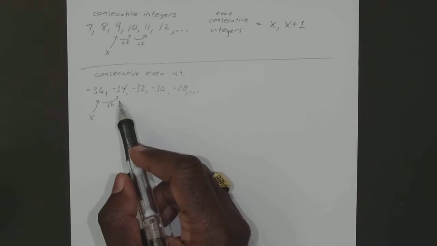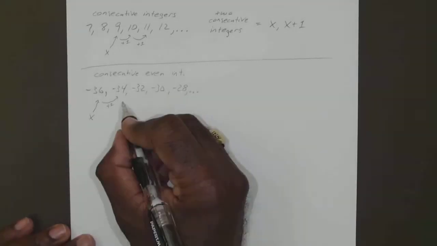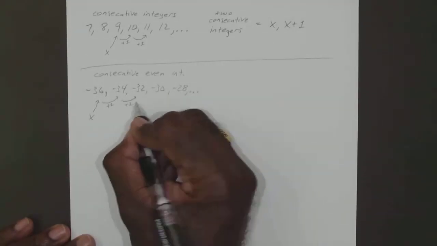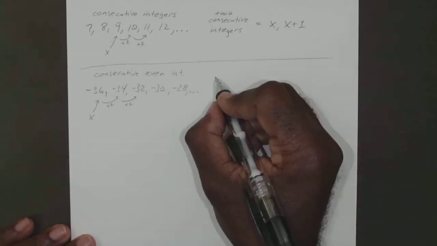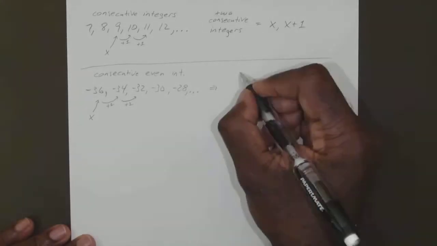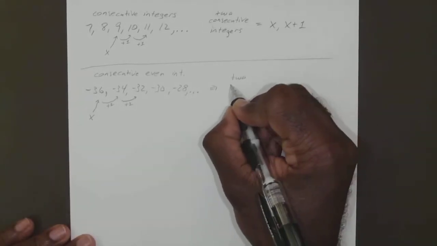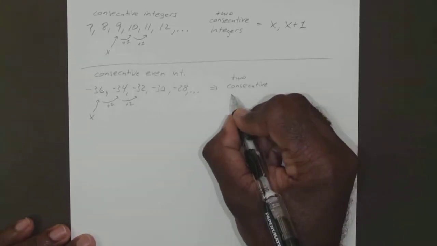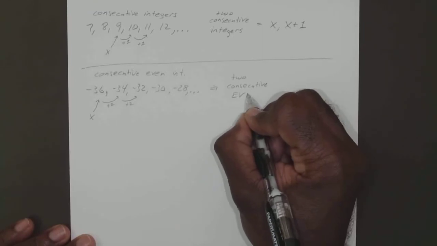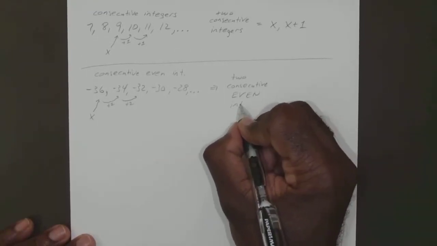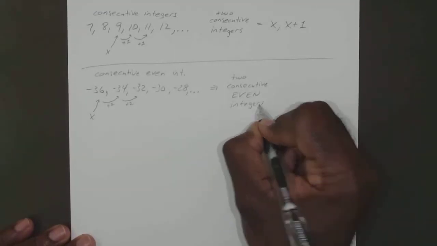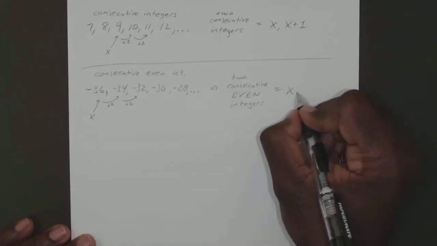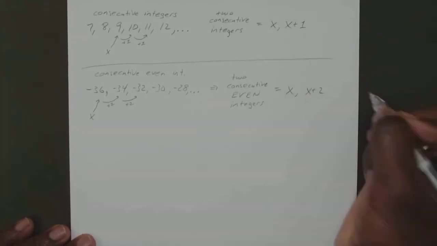If we start at -34, to get to the next number, we have to go up 2. So if you have 2 consecutive even integers, it would just be x and x plus 2.